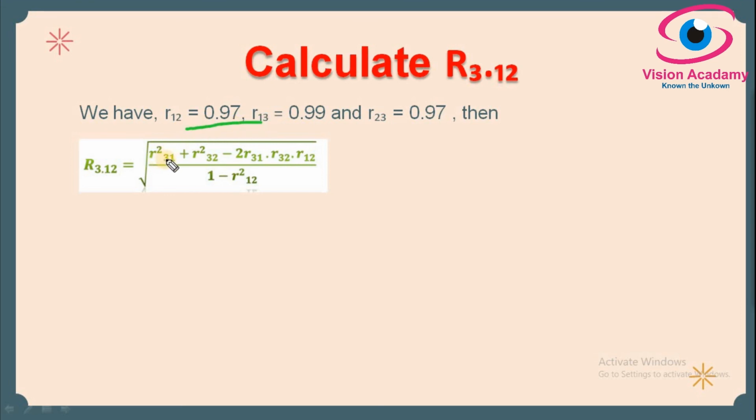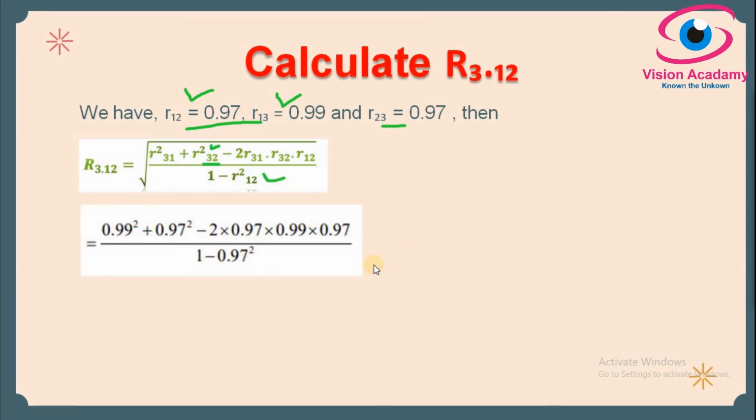Here R31, we have to use R13, since R13 and R31 are both the same, and R32, that is R23, we have just interchanged them. So R23 and R32 are both the same, R square 32, and R31 as I told you is R13, that is 0.99, and here we have R12 square. So firstly I will replace the values, thereafter we will go for simplifying.